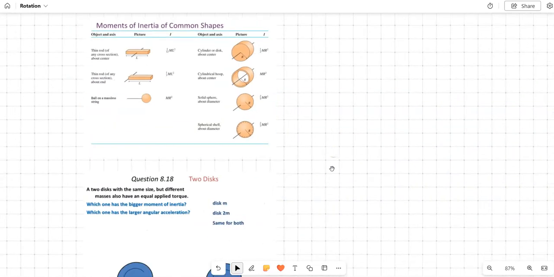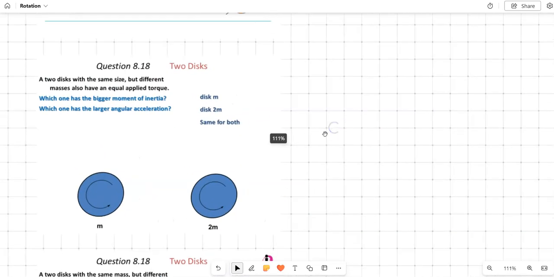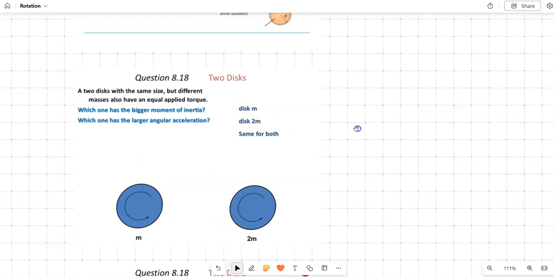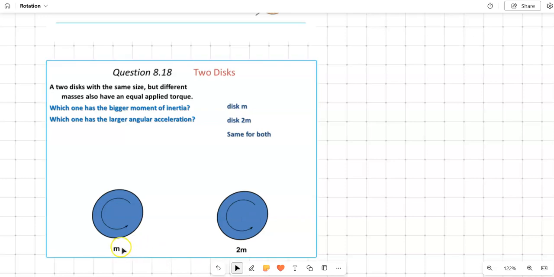All right. But let's look at how moment of inertia is related to angular acceleration. Suppose you're given this problem, and I think this is similar to a quiz question. You have two disks that are the exact same size, but one has twice the mass of the other. Both are given the same applied torque.